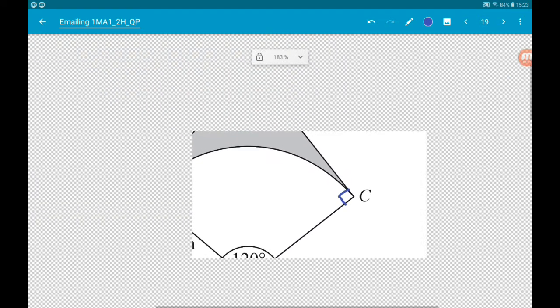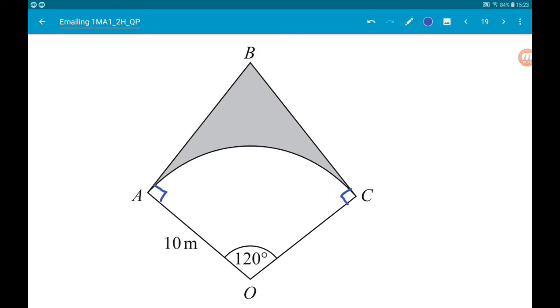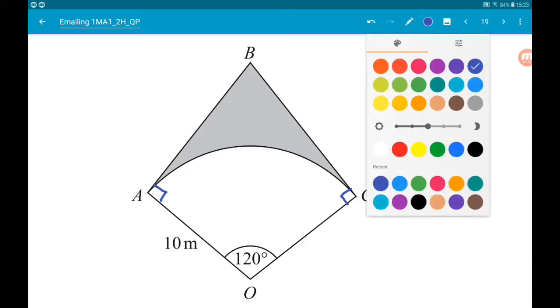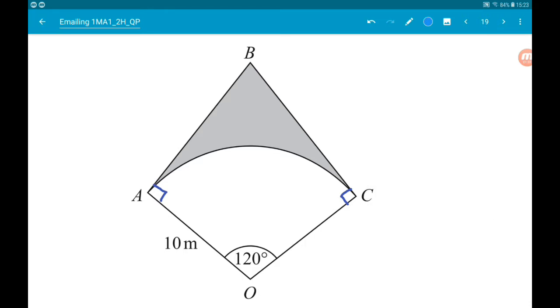Now, by one of our circle theorems, when a tangent meets a circle, then the radius and the tangent meet at right angles. So, first of all, we know this angle is a right angle, and this angle is a right angle. Now, we also know that tangents coming out of the same point hitting the circle are the same length. So, this side length is equal to this side length.